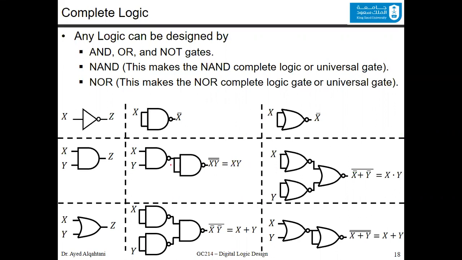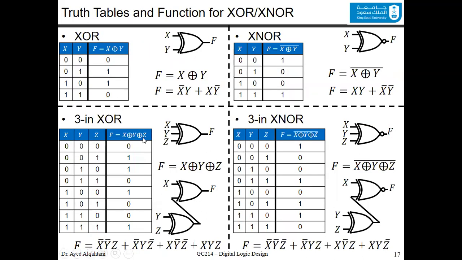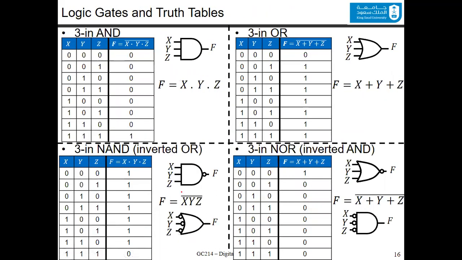We mentioned before, on this slide, that a NAND is similar to an inverted-input OR. And similarly, a NOR is similar to an inverted-input AND.